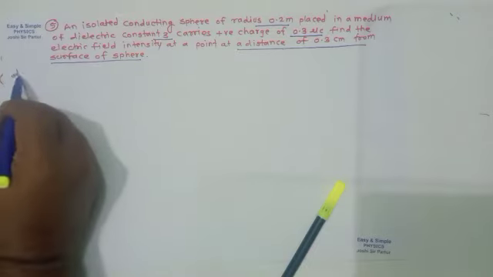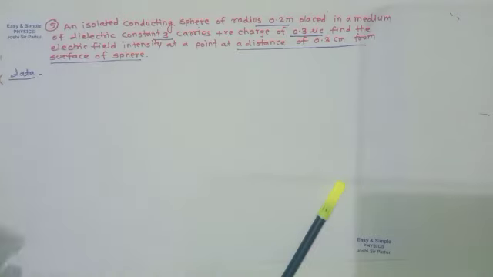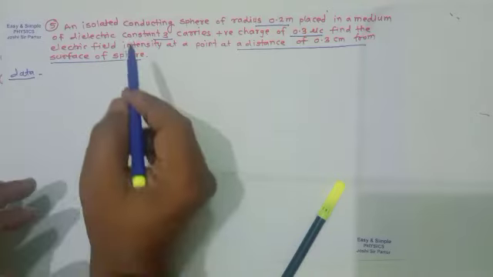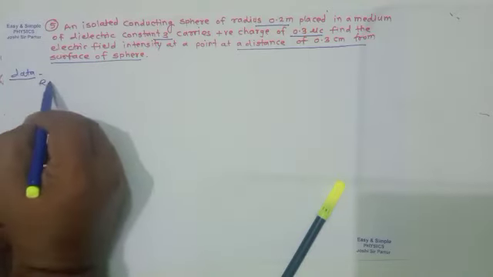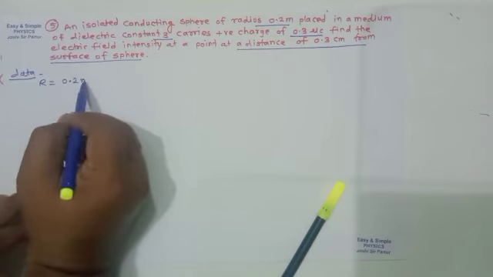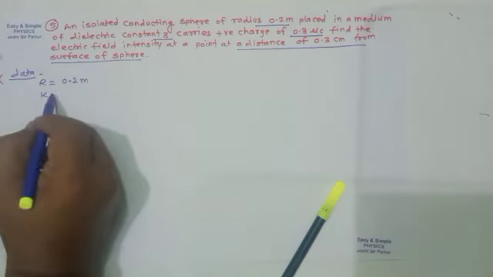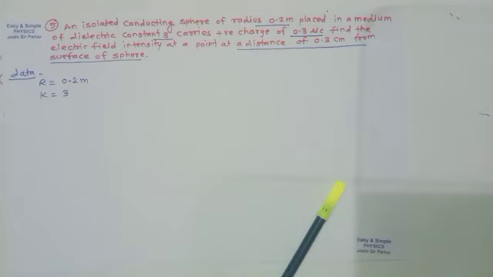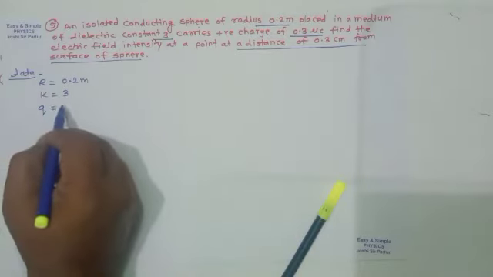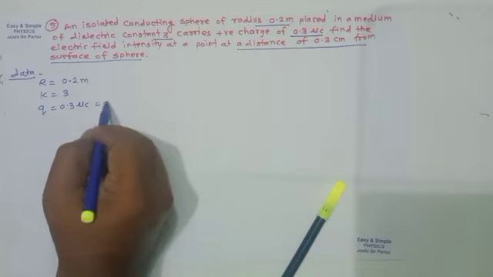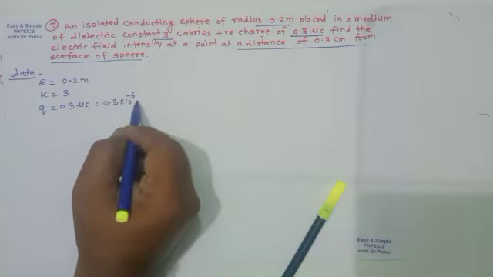Here the data is written carefully. Conducting sphere means capital R is 0.2 meter, and the medium has dielectric constant K equal to 3. It carries positive charge Q equal to 0.3 microcoulomb, that is 0.3 into 10 raised to minus 6 Coulomb.